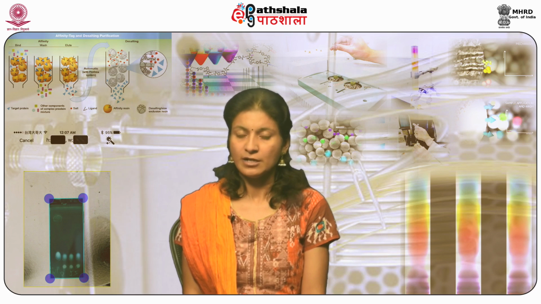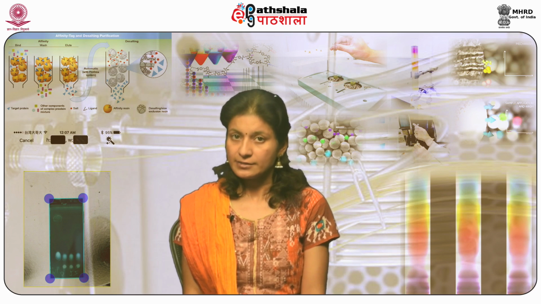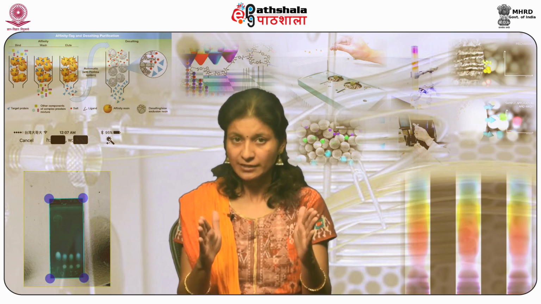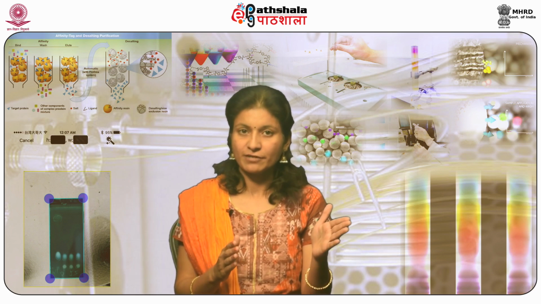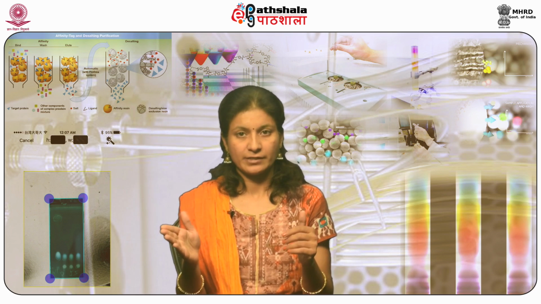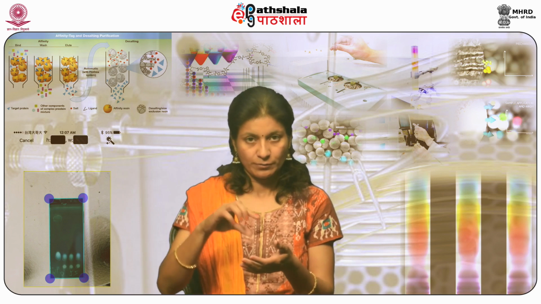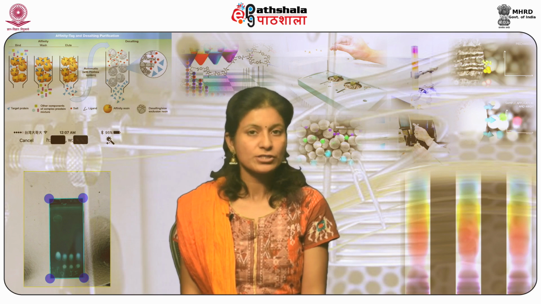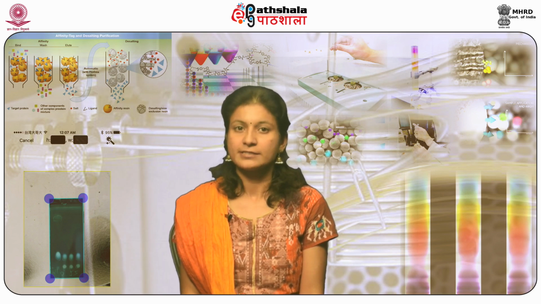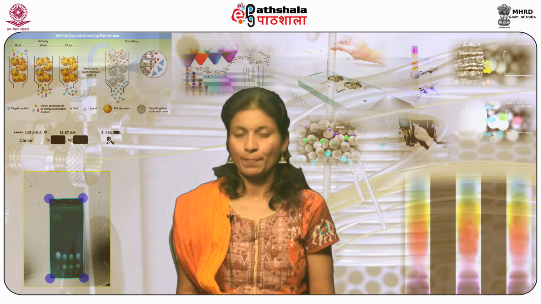The principle behind GC is selective partitioning between the stationary phase and mobile phase inside a column, followed by sequential elution of separated compounds.